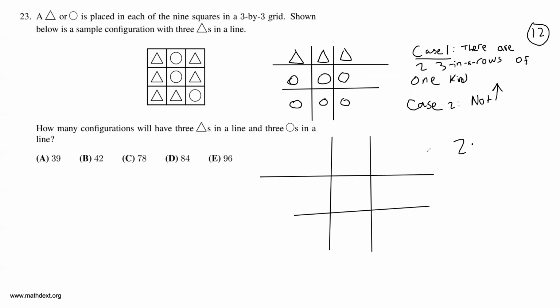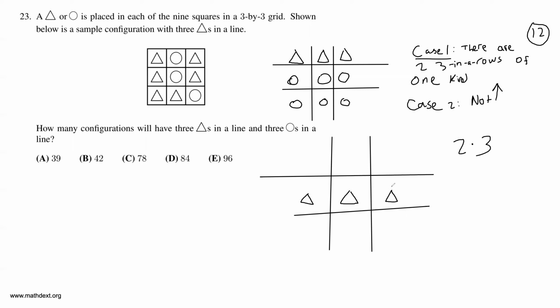Now, since there is exactly one 3-in-a-row for triangles, how many ways are there to choose a row that has those triangles? Well, there are 3 rows, and the triangles could really be in any row. So 3 ways. So let's say I place the triangles in this row just for example's sake.